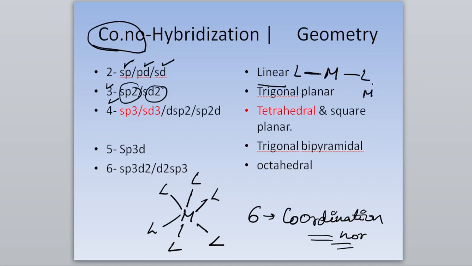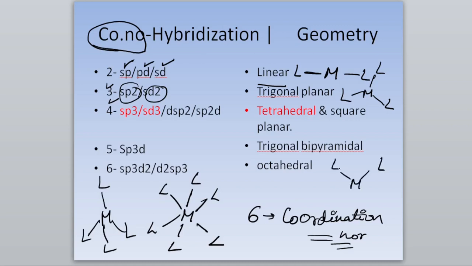That is metal, ligand, trigonal planar structure. And the tetrahedral structure you guys know. Metal, here one ligand. So this is the tetrahedral structure. In case of square planar, it will be like this. So this is square planar.